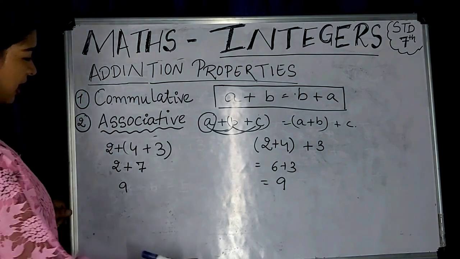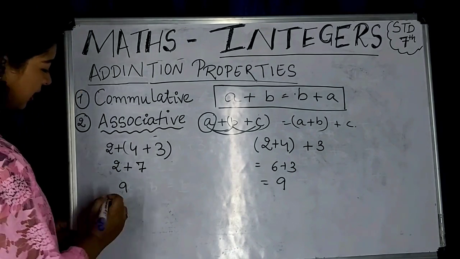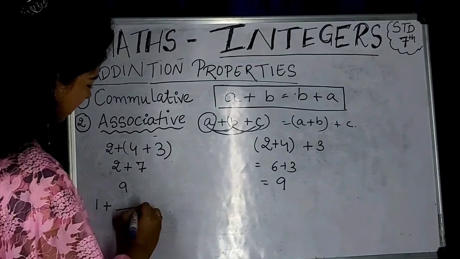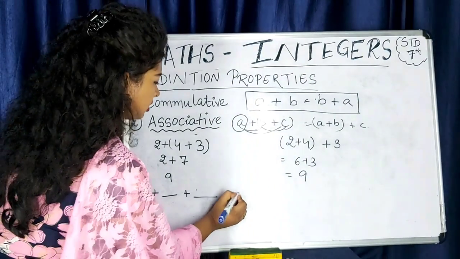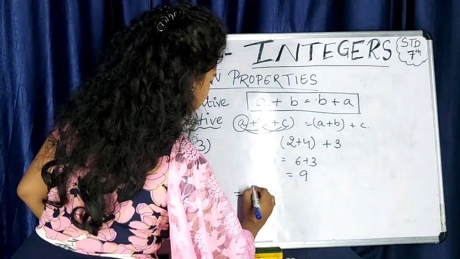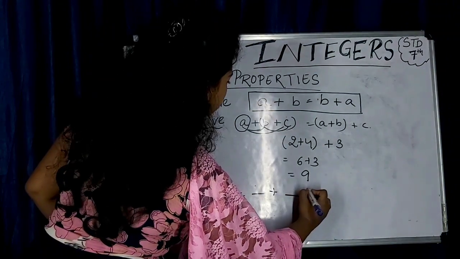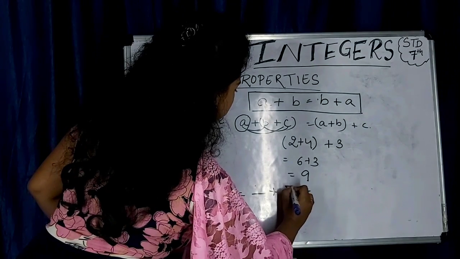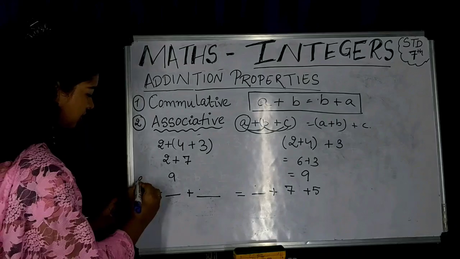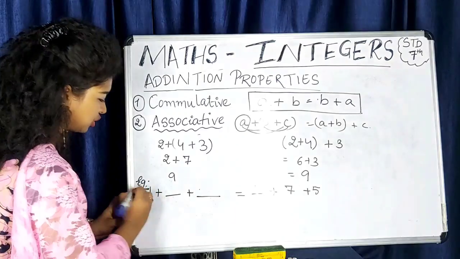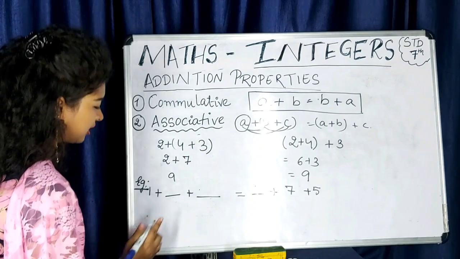For example, if a question arises like 1 plus dash plus dash equals dash plus 7 plus 5. Hope it is visible. Okay, this is an exemplar question. So we are going to use the associative property.